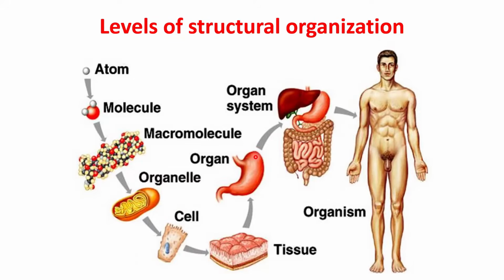Then various organs, for example the esophagus, the stomach, the small intestine, the large intestine, will give you the digestive system. So from organs, we get organ systems. Then various organ systems, usually about 12 to 13 of them, come together and give you an organism, which for us is the human being.